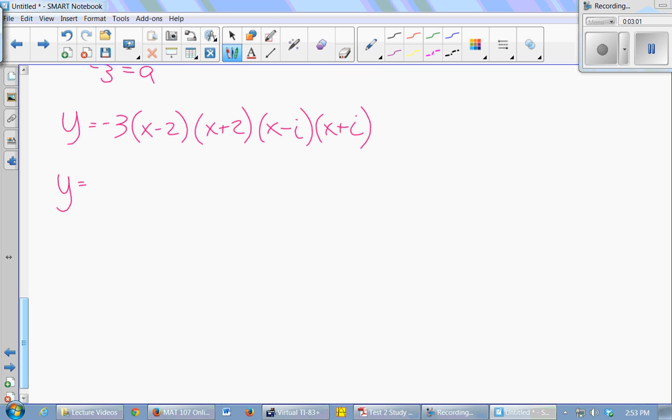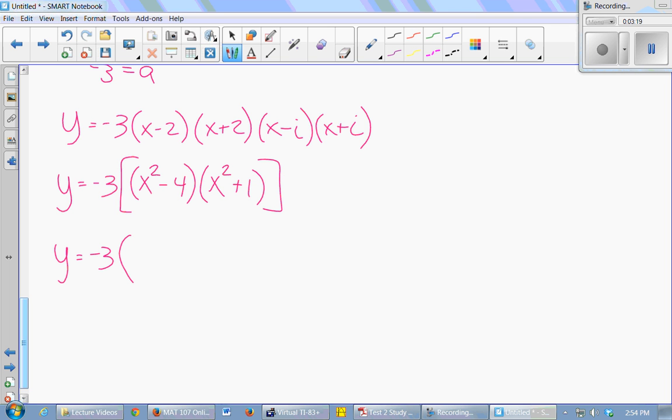So y is -3 times x minus 2 times x plus 2 is x squared minus 4. And x minus i, x plus i is x squared plus 1. And then I can FOIL those two things, and I have -3 times x to the 4th plus x squared minus 4x squared minus 4.